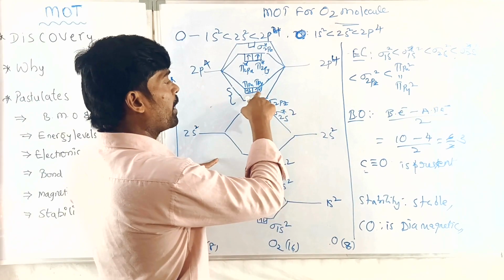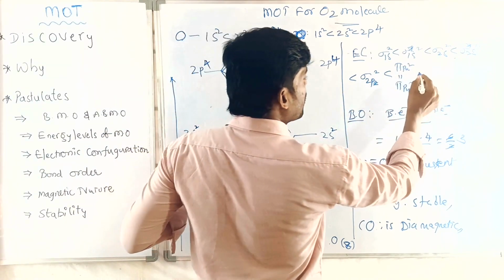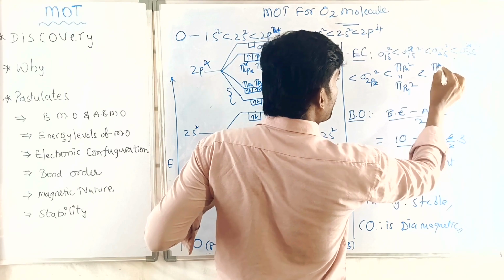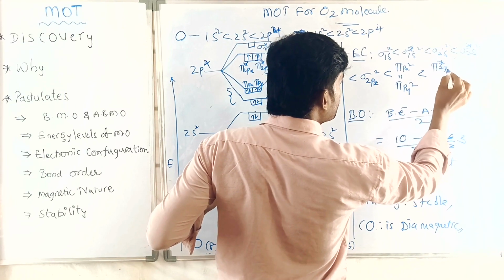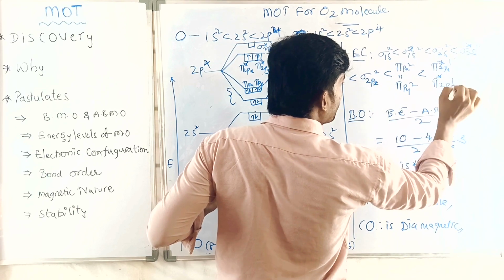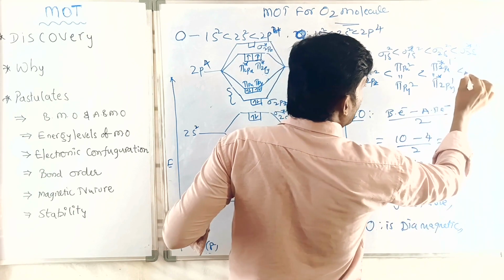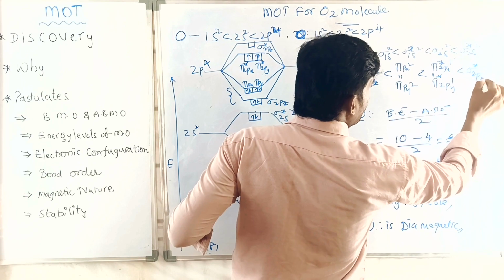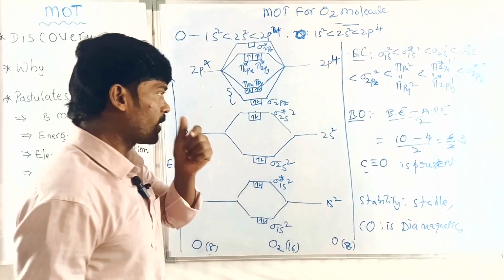Pi px2, pi py2, same energy. Then pi star 2px, one electron is there. Pi star 2py, the other electron is there. Then the highest energy will be sigma star 2pz, 0 electrons.